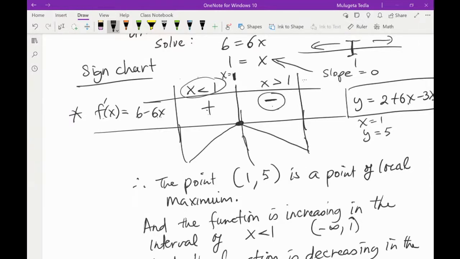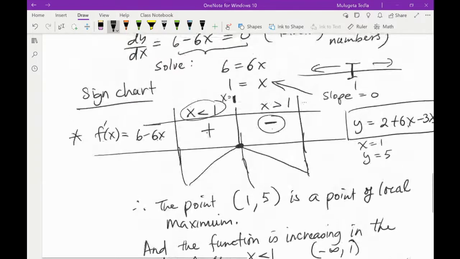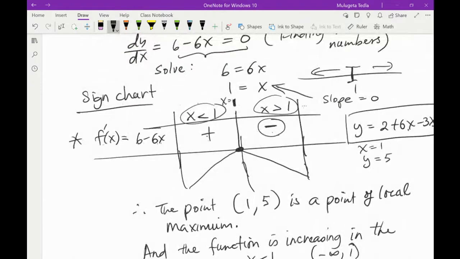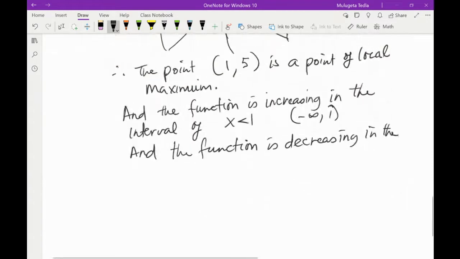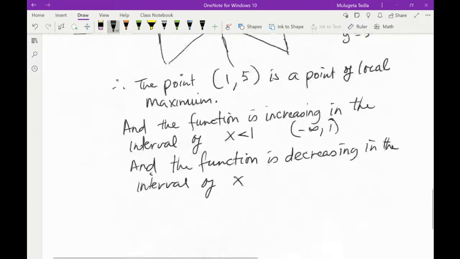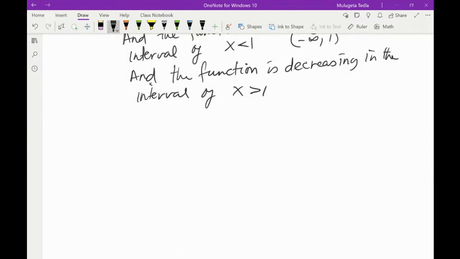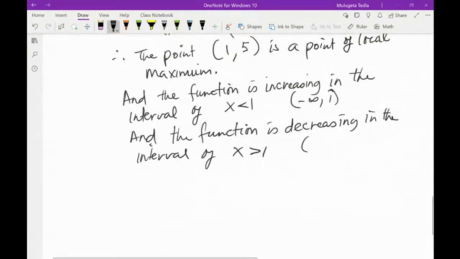Because it's negative sign, then the interval would be interval of decreasing. So x greater than 1. So the function is decreasing in the interval of x greater than 1. So you can write it is 1 and above, right?